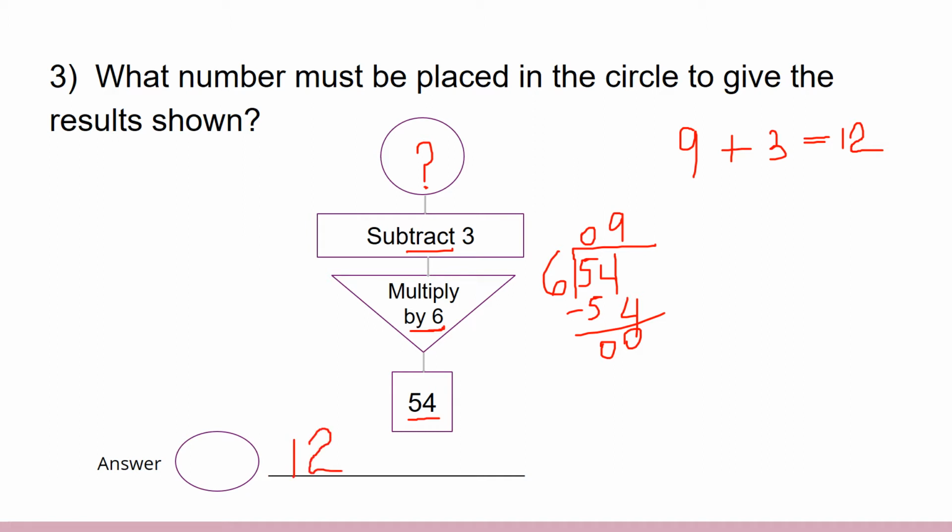If I have 12 here, 12 subtract 3 is going to give me 9, and 9 multiplied by 6 is going to give me 54.